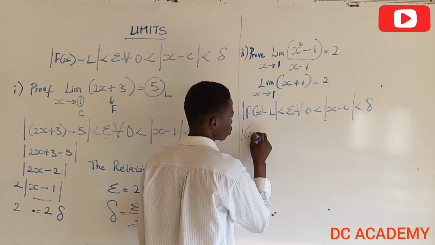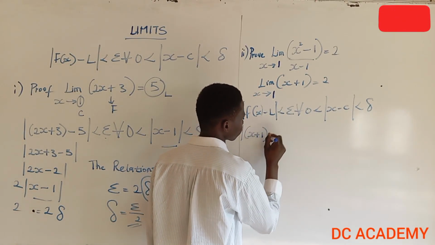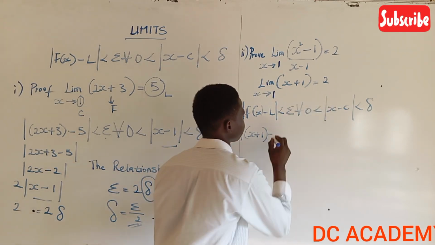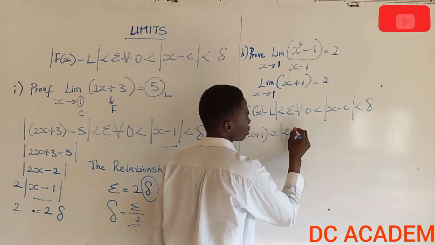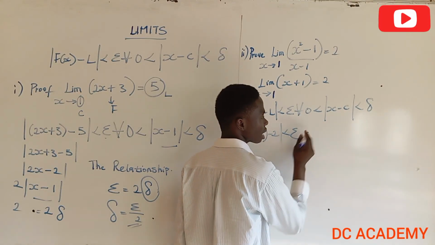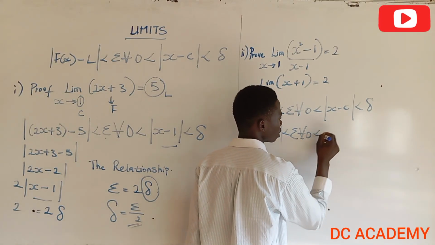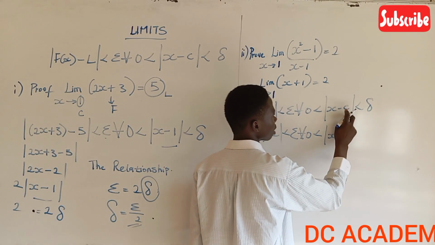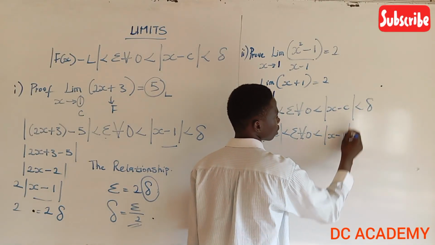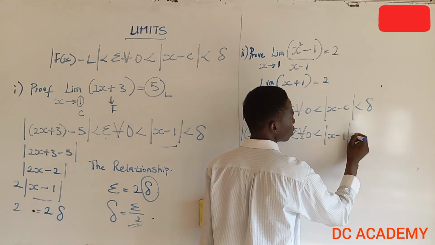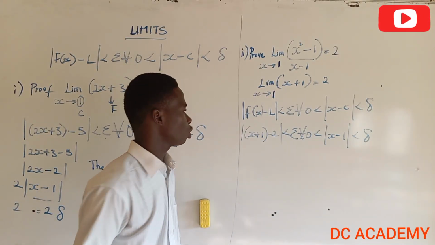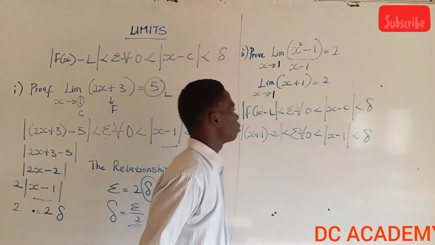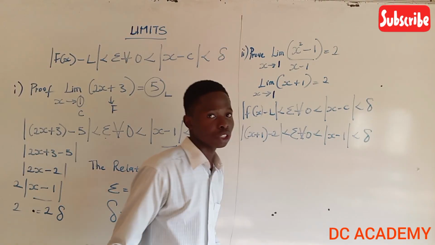Now x plus 1, the limit is what? 2. Right? Less than epsilon for all 0 less than absolute value of x minus our continuity is what? 1. Now this less than this. So basically, like I told you earlier, we don't need this for now.